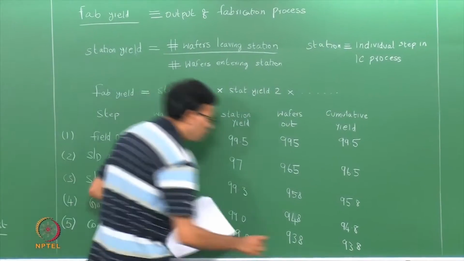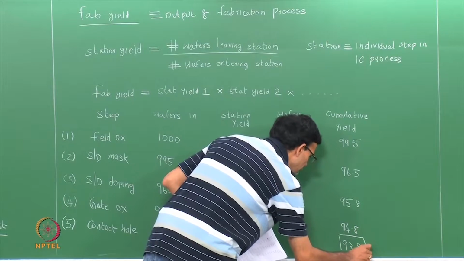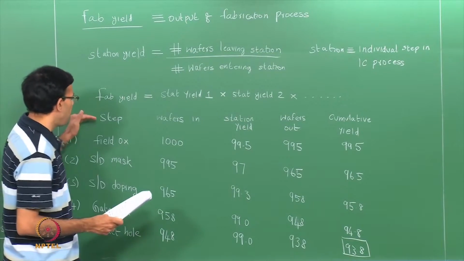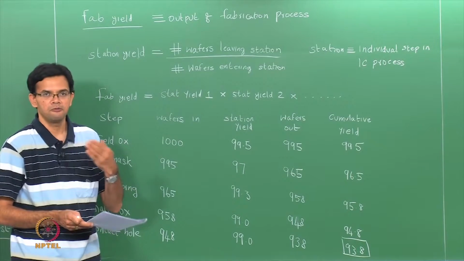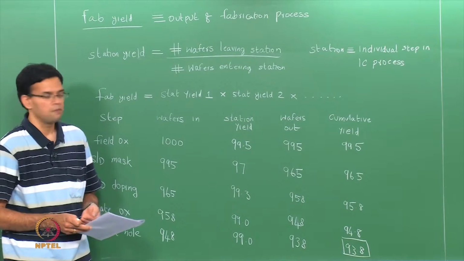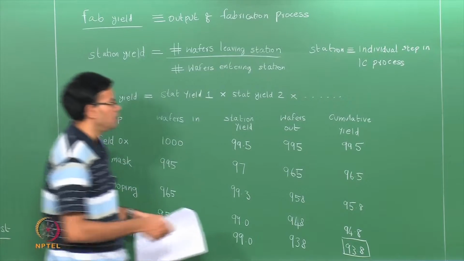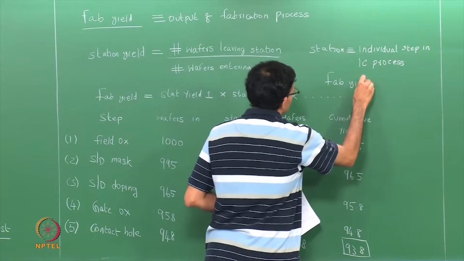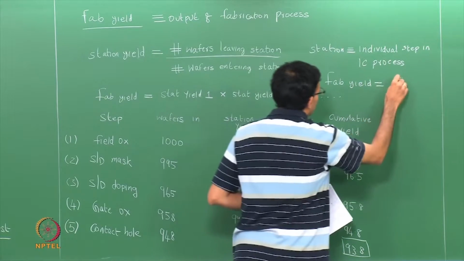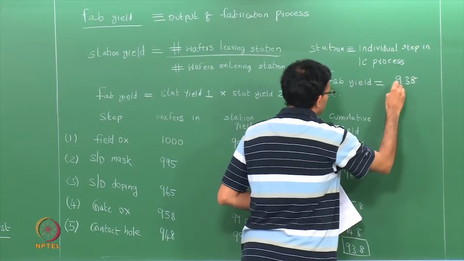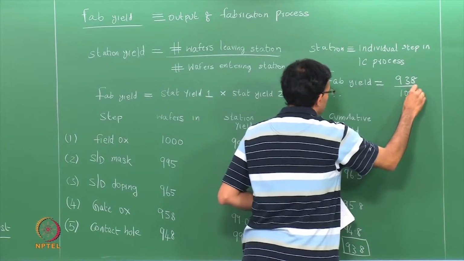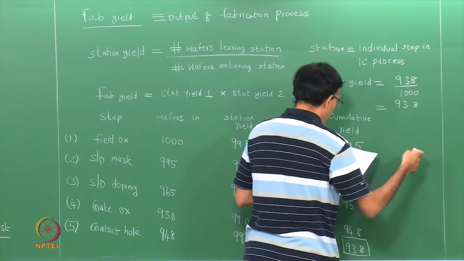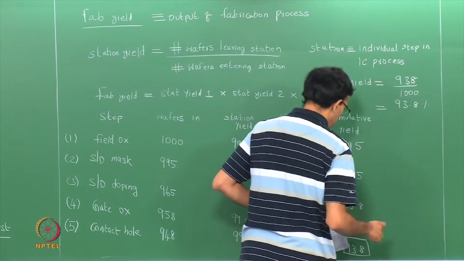So, the overall cumulative yield after 5 steps is 93.8. The fab yield is nothing but the number of wafers that come out by the number of wafers that go in. So, if you look at the fab yield, it is again just 938, which is the wafers that come out by the number of wafers that went in, which is again 93.8%.